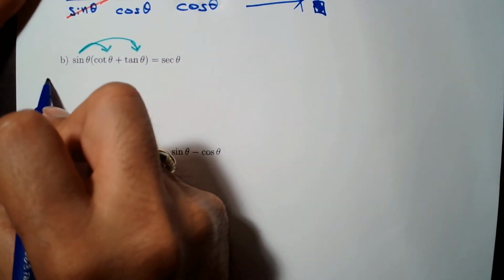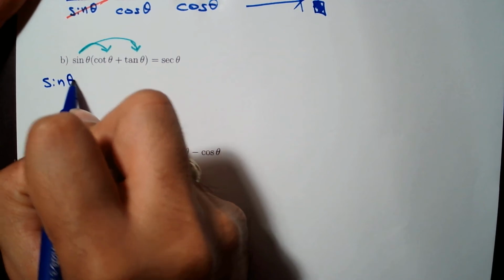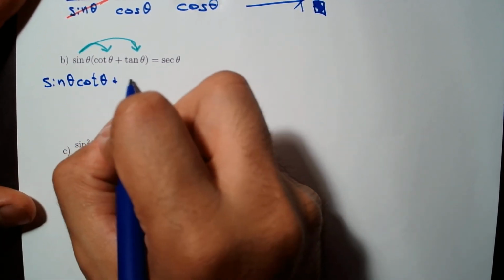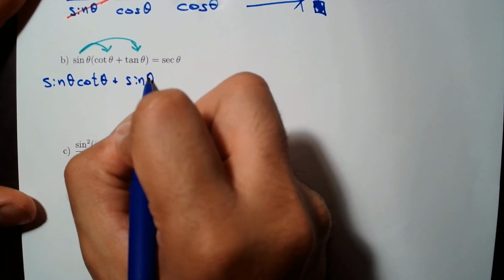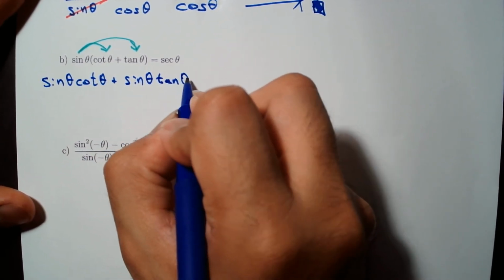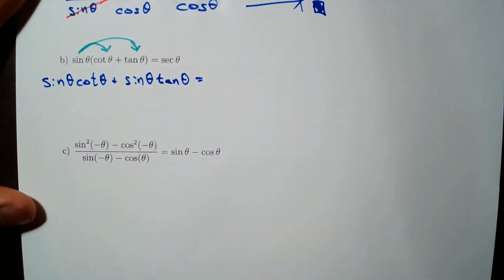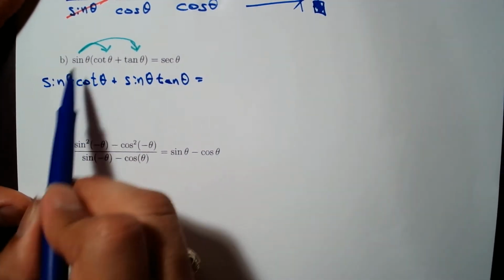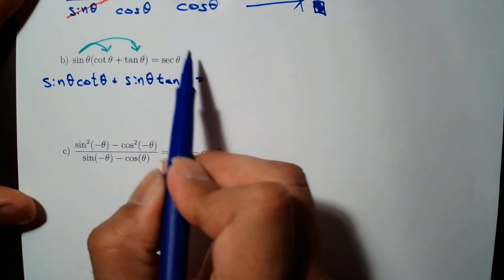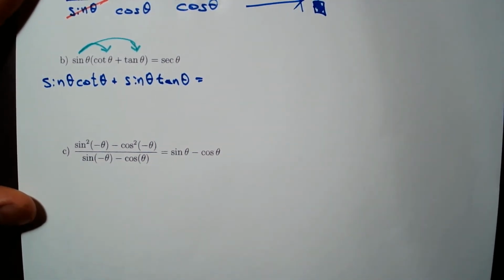So that's sine theta times cotangent theta plus sine theta times tangent theta. Again, I'm only working on the left hand side. I'm going to do some manipulations and eventually get secant theta.